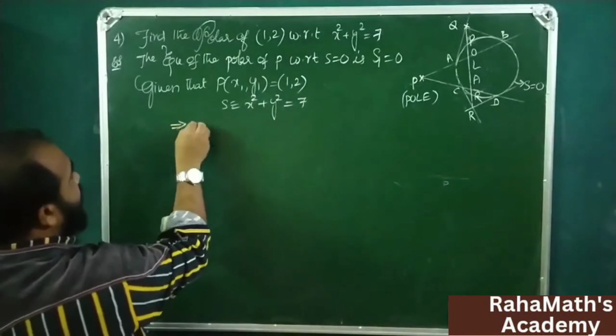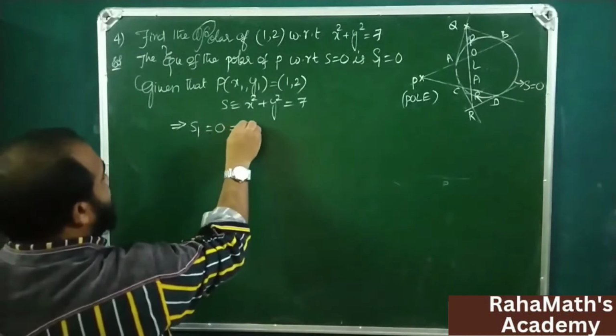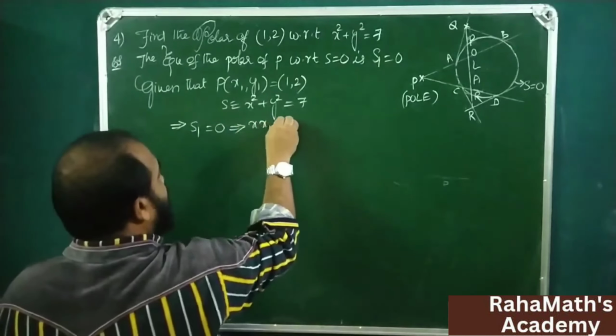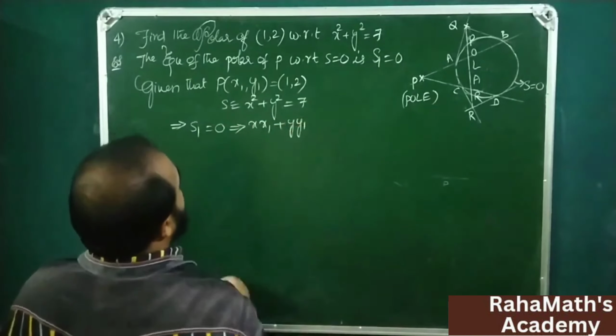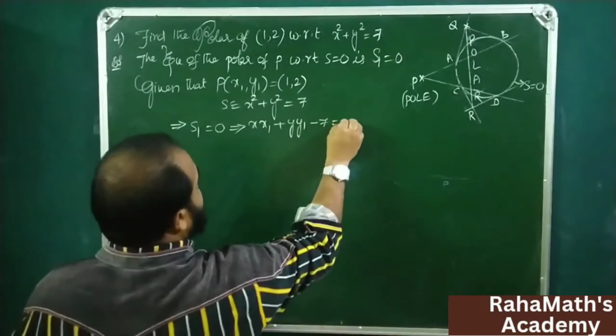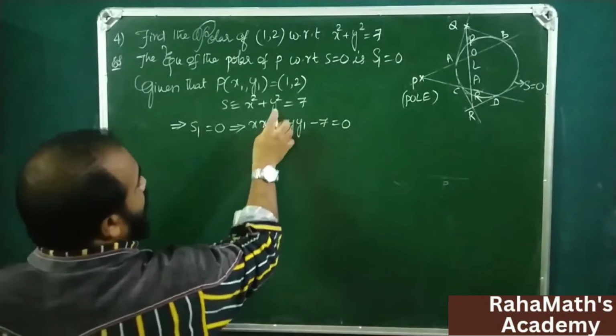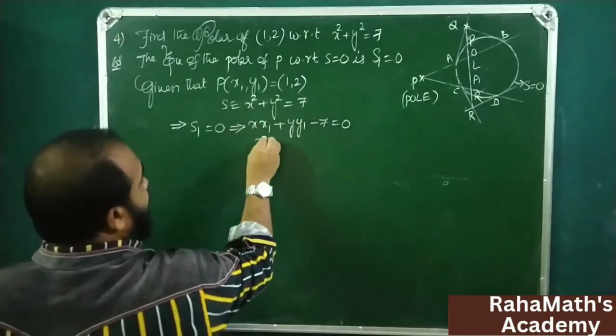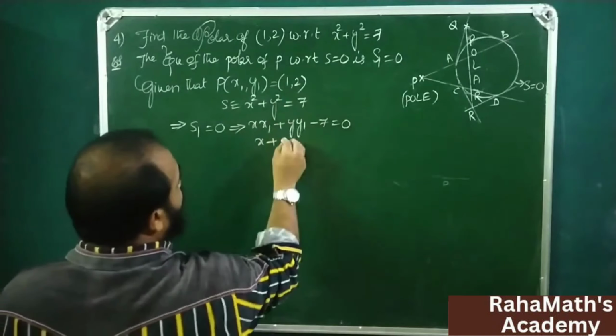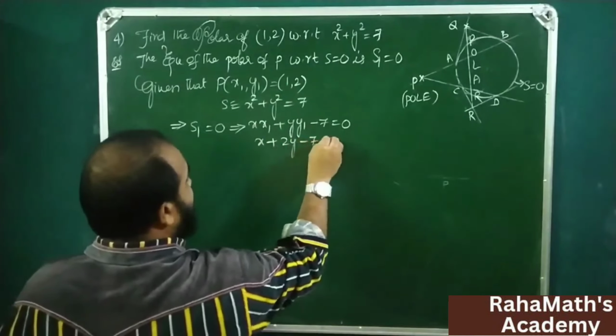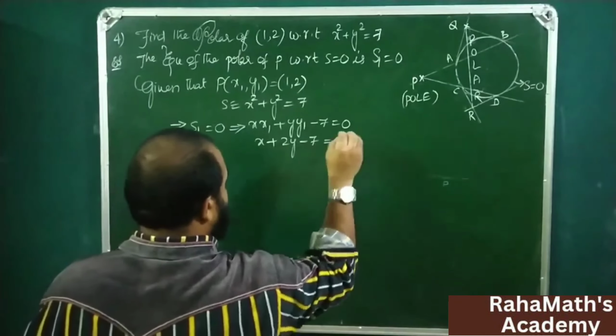So S1 equals to 0 implies x x1 plus y y1 minus 7 equals to 0. So x into 1, x plus y into 2, 2y minus 7 equals to 0.